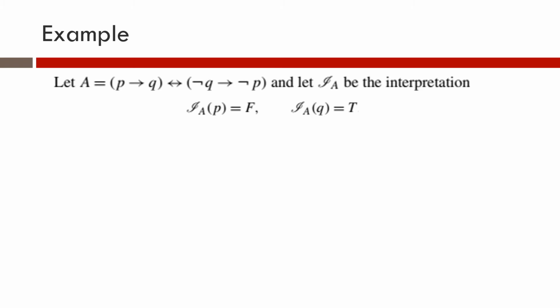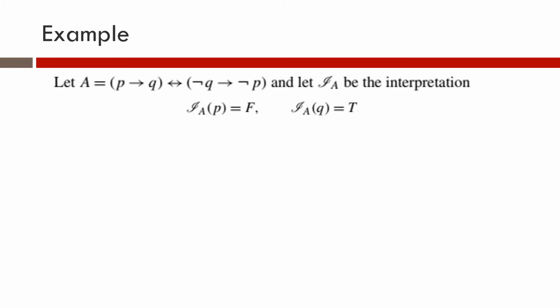If P is assigned a false value and Q is assigned a true value, P implies Q will be true, right? What will be the value of negation Q? Since Q is true, negation Q will be false. And what will be the value of negation P?